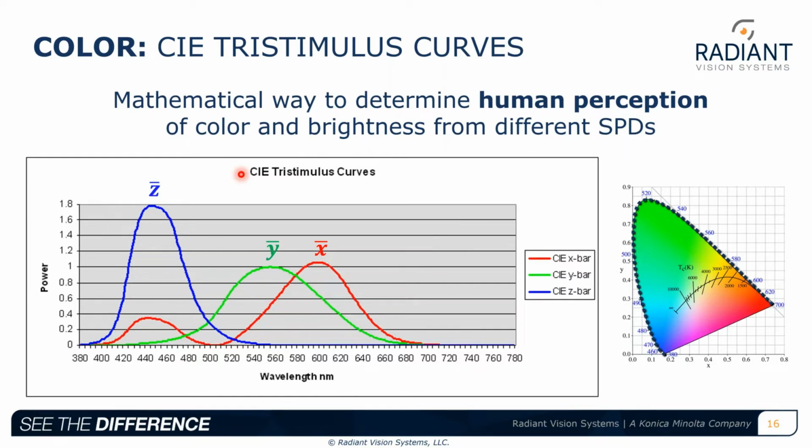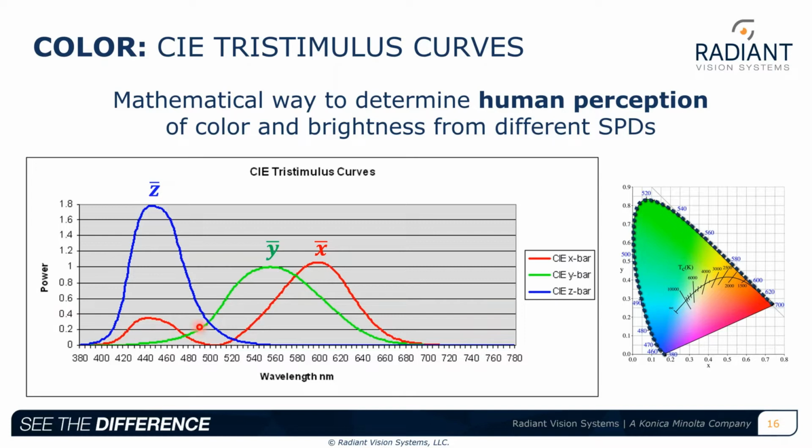On this slide, we're showing the CIE tristimulus curves. These are the mathematical way to determine the human perception of brightness and color. When we look at this graph, we have wavelength along the x-axis and relative power along the y-axis.